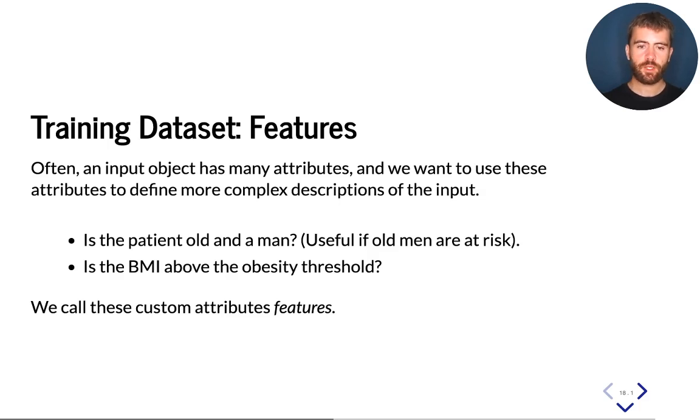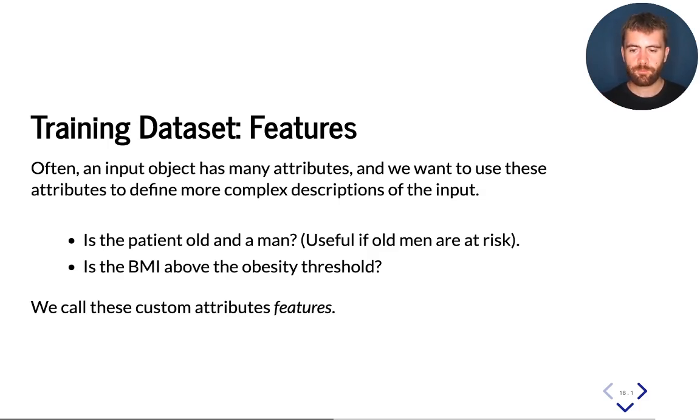Another example would be whether a person is obese or not. So we may want to use BMI and we could see if it's above some threshold, which is a definition of obesity, and if it is, we could also add that as an extra attribute to our vector X.